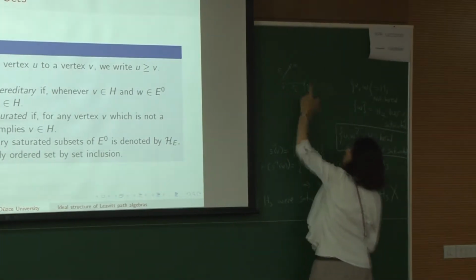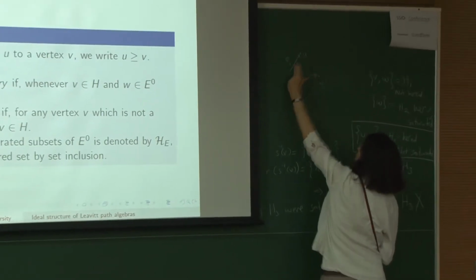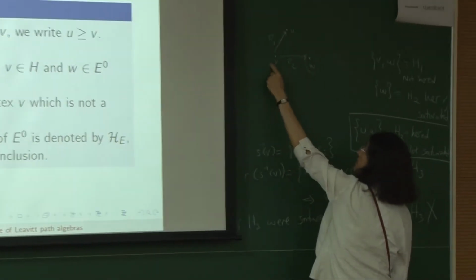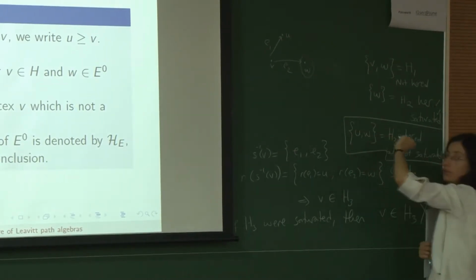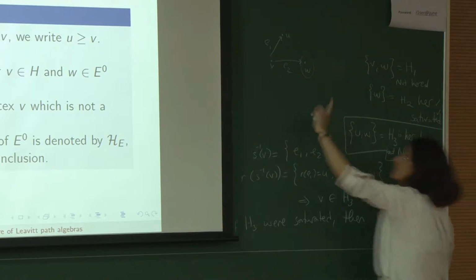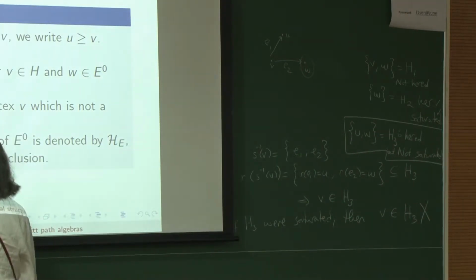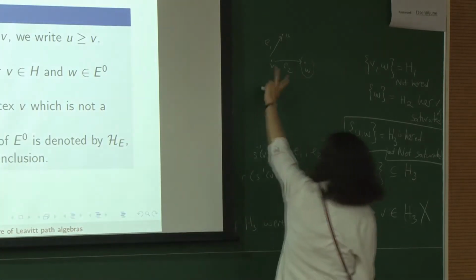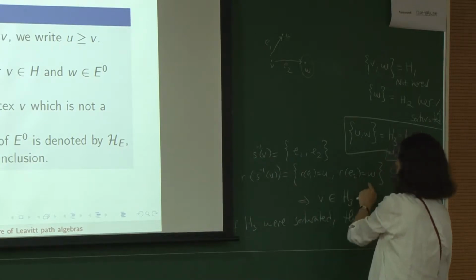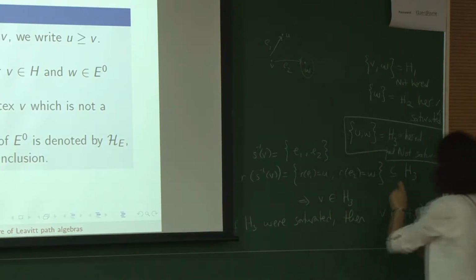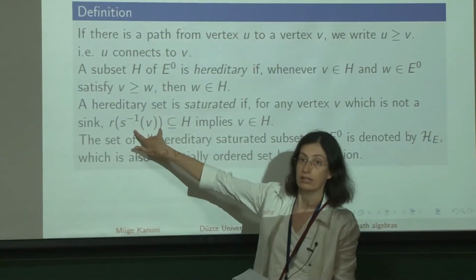I have U and V in my set. I am trying to see if I can go backwards and take this set. If this vertex is in H3, then it would have been saturated. The reason being, look over here. Now, the S inverse of V are these edges, right? U1 and U2. And the ranges of that are U and W. But U and W are in H3, so it satisfies this, right?